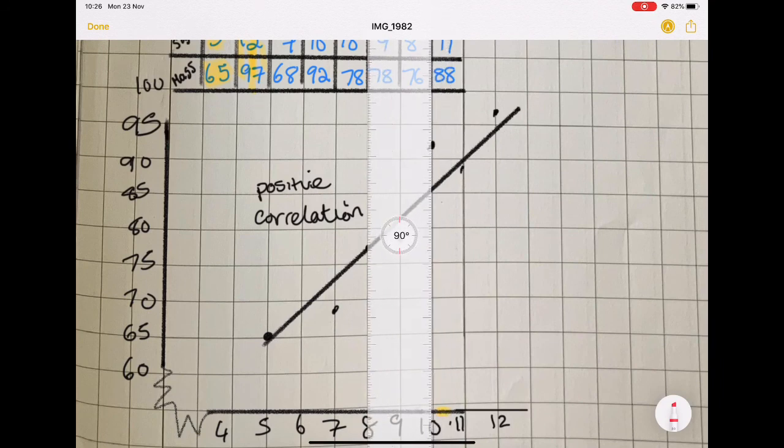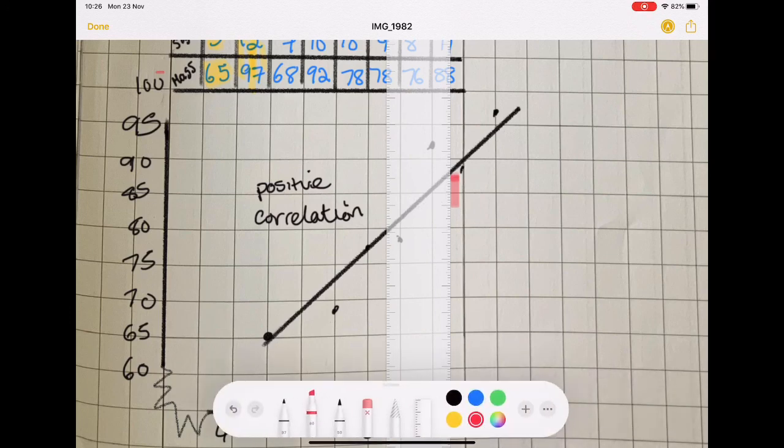Now there I'm on the 10, there I'm on the 11, so halfway. Now I'm really hoping, keeping my fingers crossed, that I have got my pretend ruler halfway, because if I haven't, we're in the wrong tool.